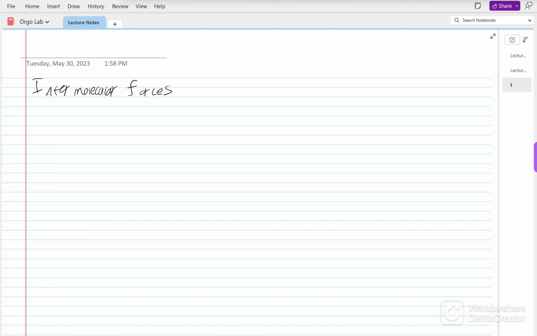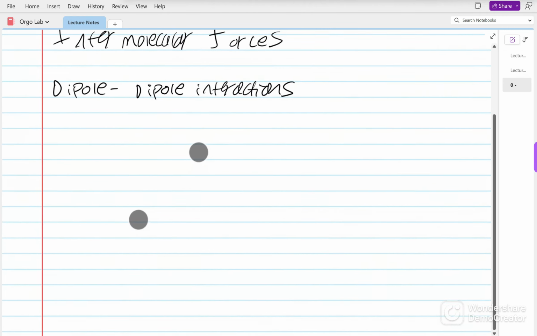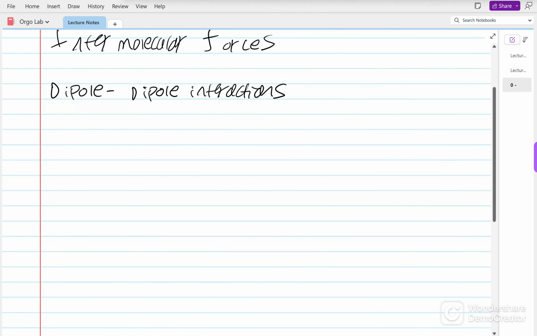The first one that I want to talk about is dipole interactions. To start, these are the strongest kinds of interactions that a molecule or molecules can show. An example of a dipole interaction is something like HCl and another HCl.